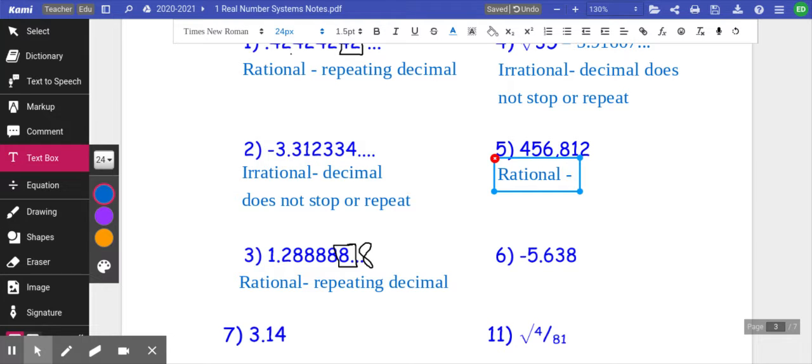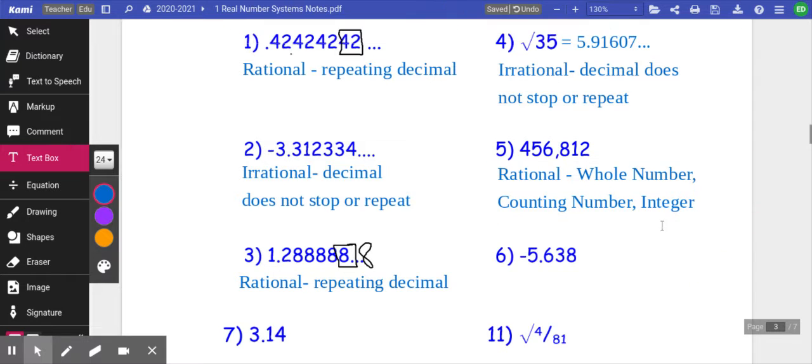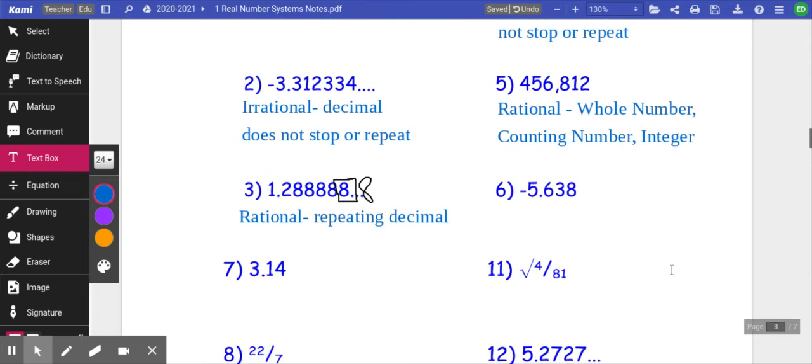So we can use that this is a whole number. It could also be a counting number, or an integer. All of those definitions would work. You obviously would only have to pick one if it were on a test or a worksheet.